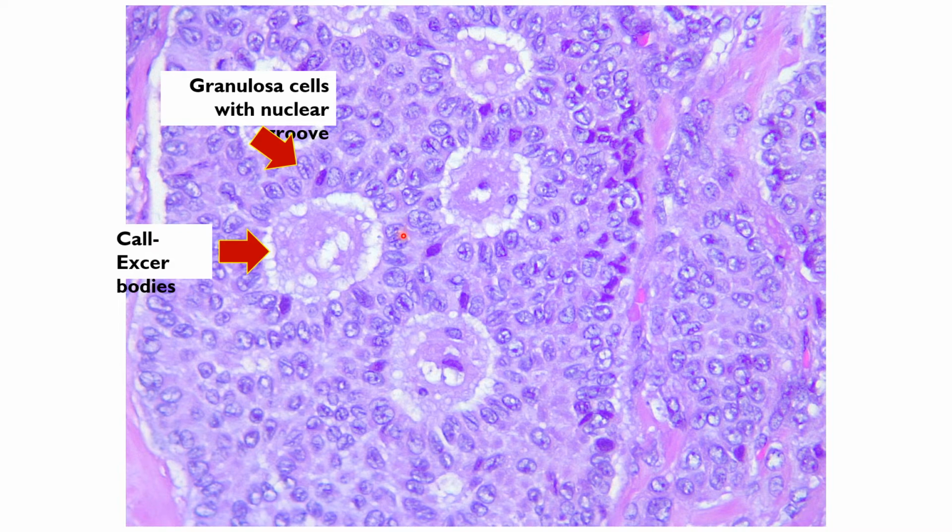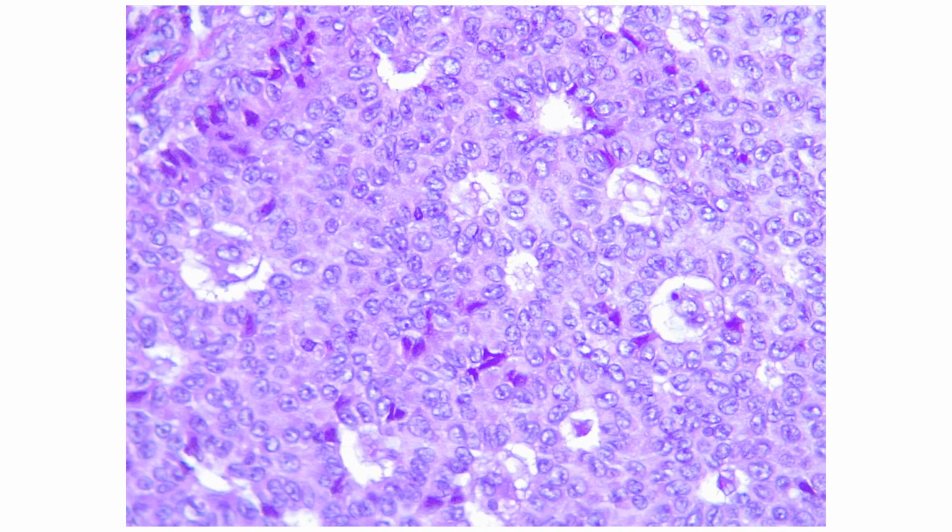They have only scant cytoplasm. Please have a closer look at the tumor pattern, the Call-Exner bodies, and the granulosa cells, round to oval uniform cells with nuclear groove.